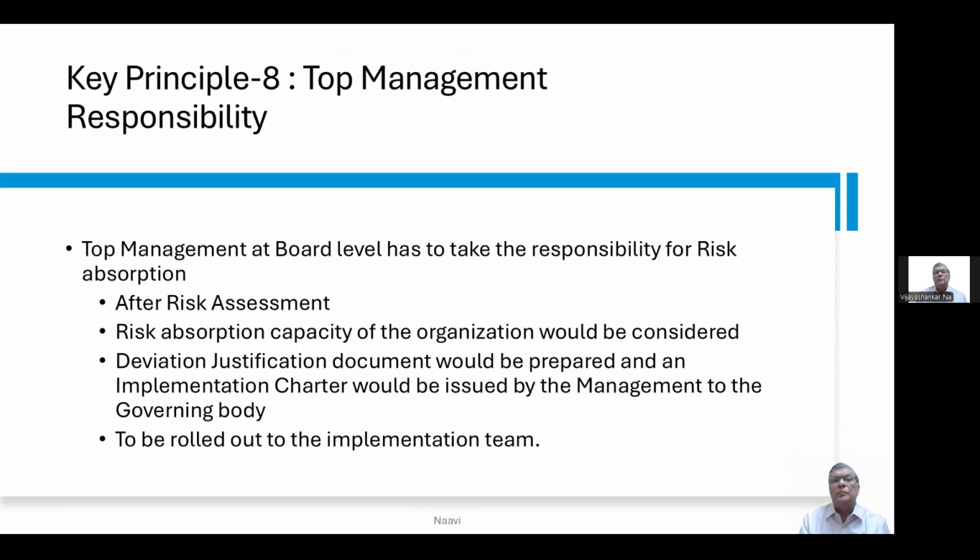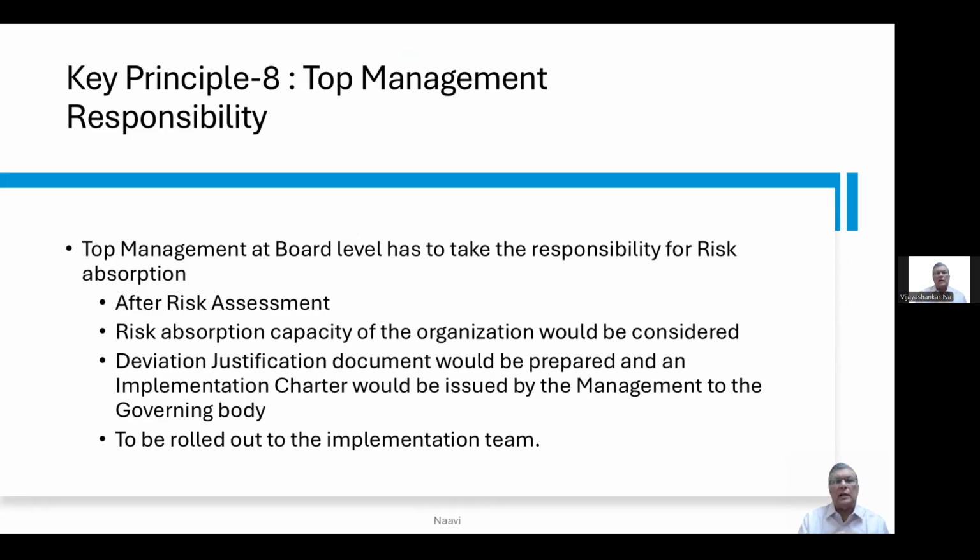Now, what this principle suggests is that there has to be involvement of the top management. Of course, it may not be possible for the board to directly involve itself in every aspect. So therefore, we suggest a governance committee, which is like a subcommittee of the board, in which at least one director is part of the subcommittee, and he becomes the chairperson of that.